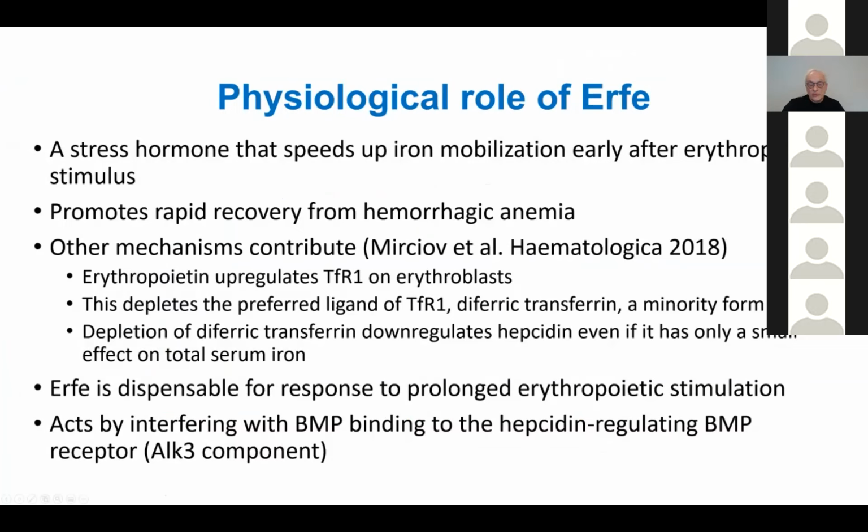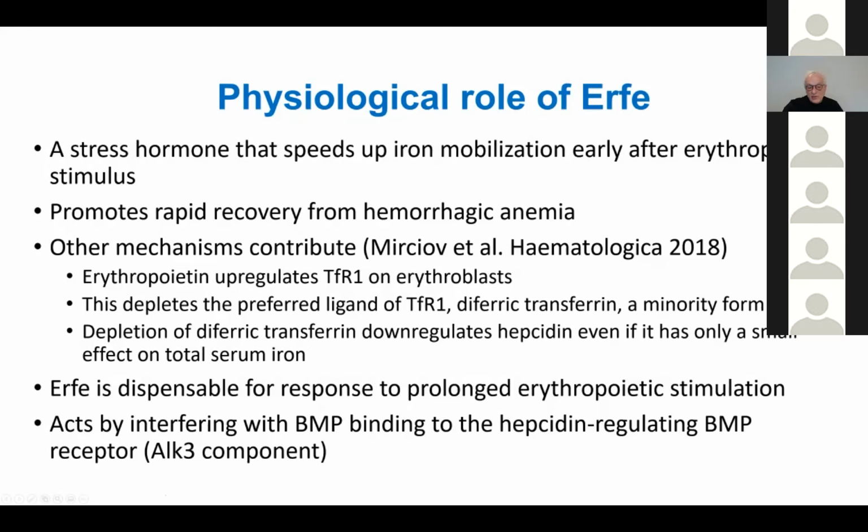As I showed in one of the slides, there's a slight decrease in transferrin saturation after EPO administration. This is due to erythropoietin inducing the expression of TFR1 on erythroblasts with about the same time course as the induction of ERFE.